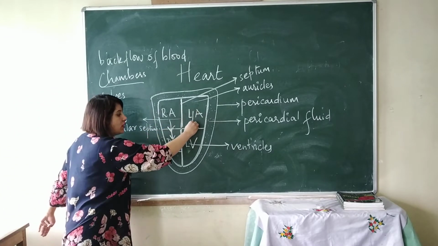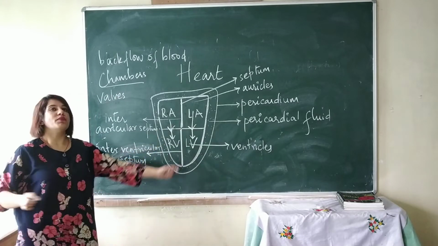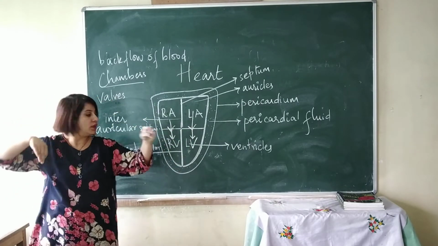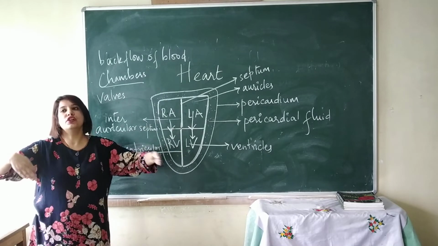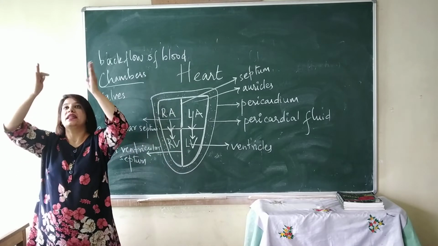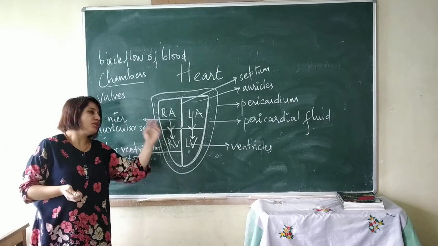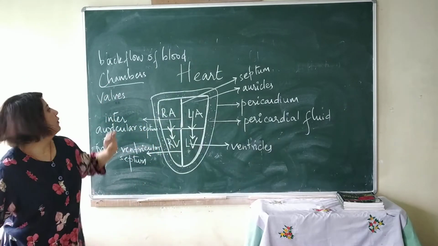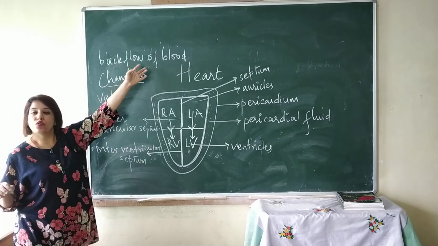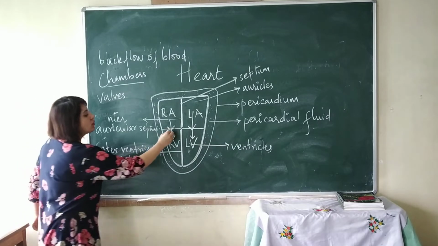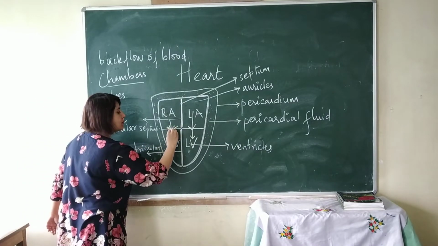Similarly, when blood is flowing from the left auricle to the left ventricle, the valves open. Once the ventricles are full, the valves close and they cannot be opened towards the other side. So valves prevent the backflow of blood.